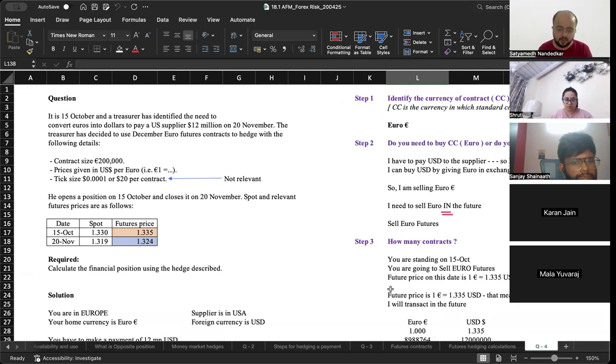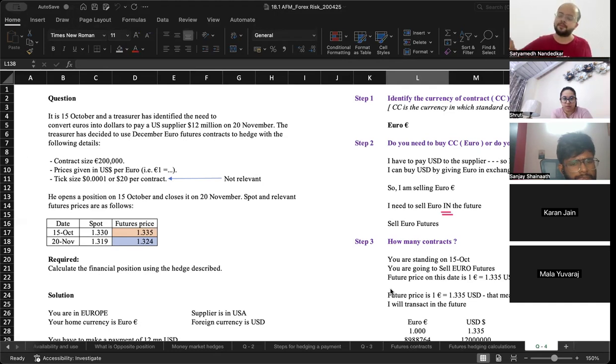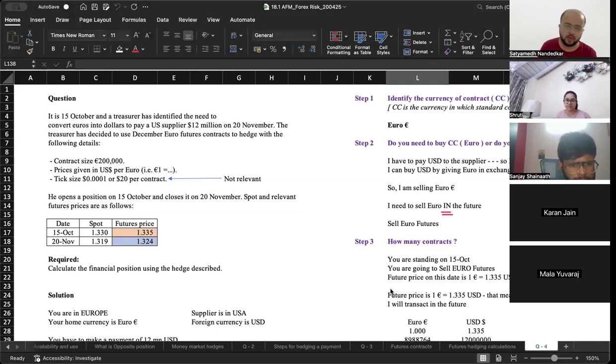You have to use the futures hedge. Just read the question, then we'll go through the solution.